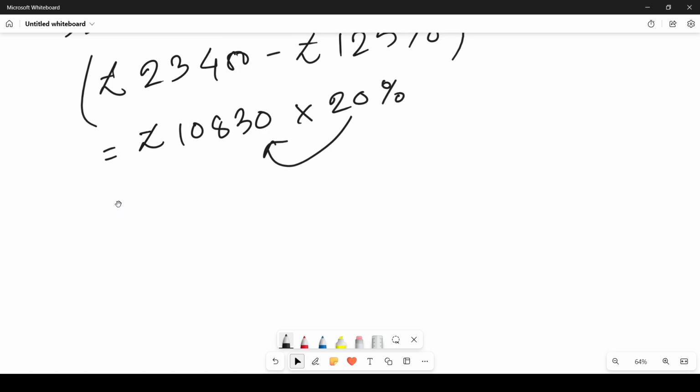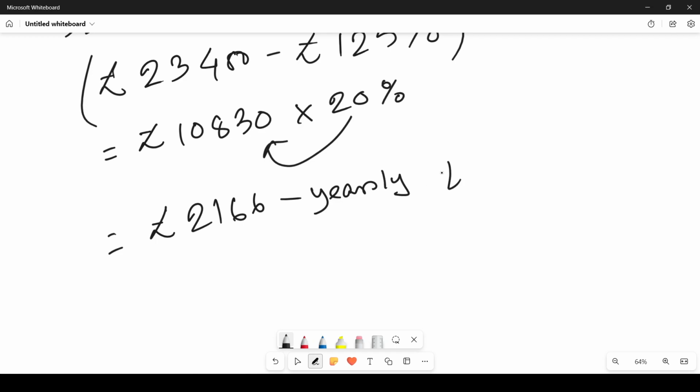So if you do this 20%, you will end up paying 2,166 pound. Now this 2,166 pound is actually yearly tax.